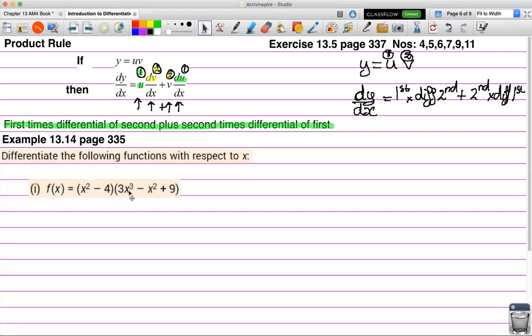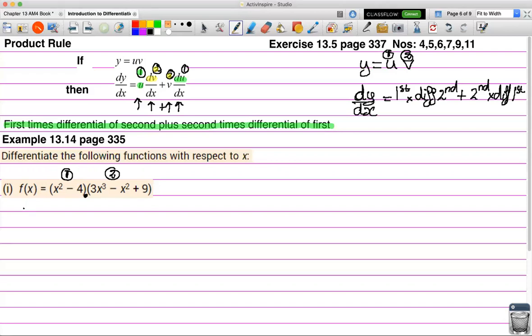So let's just bring this down here and give us a bit of space. So clearly, what is the first function here? The first function is the first bracket, and there's the second. How do we know this is a product? Because it's one item multiplying another.